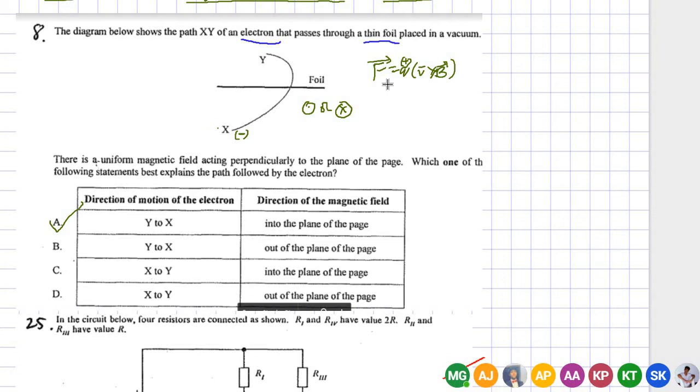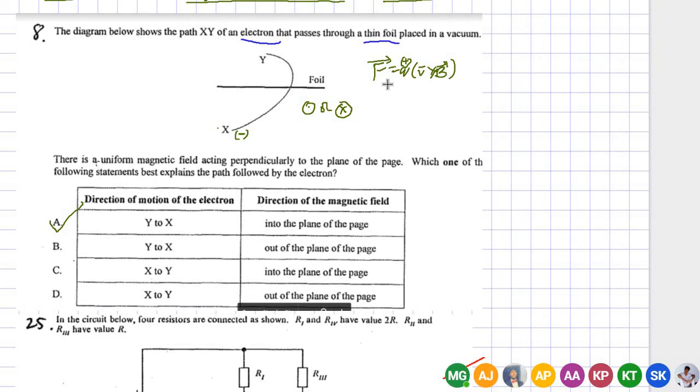So you have to make your right hand thumb point towards the left. So now if I make my right hand thumb point towards the left, then the charged particle is going from x to y, and magnetic field is out of the plane of the page, which is option D, then the force would be towards the left. So it right now seems option D is correct.